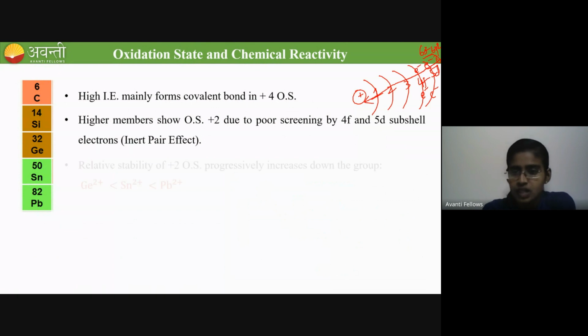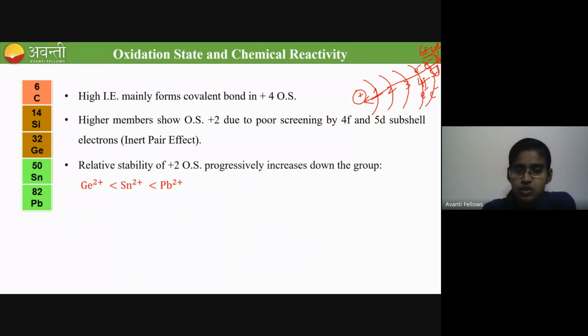Now about +2 stability, you see, lead 2+ is more stable. As I already told you, lower oxidation states are more stable on moving down the group. Since lead is the last element, it is most stable in the +2 state, and next comes tin and next comes germanium. Now germanium 2+ is less stable compared to 4+.